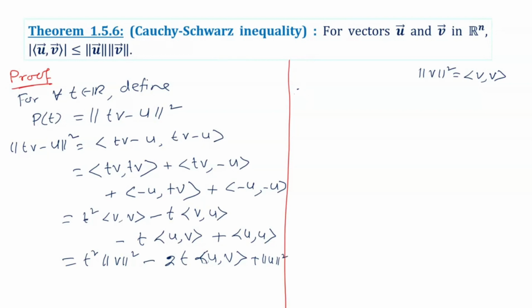Therefore P(t) is a polynomial of t of degree 2.